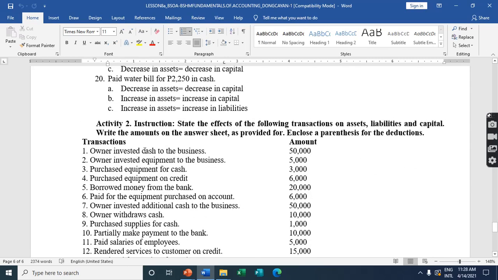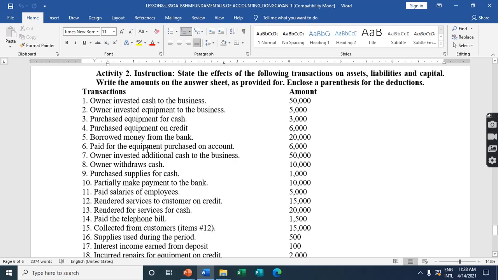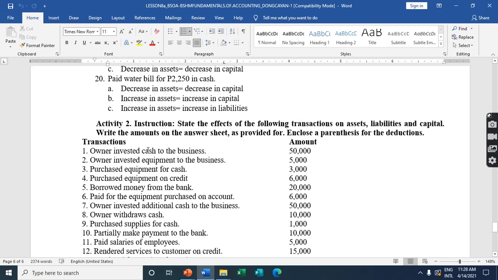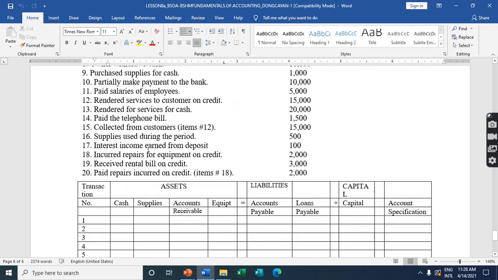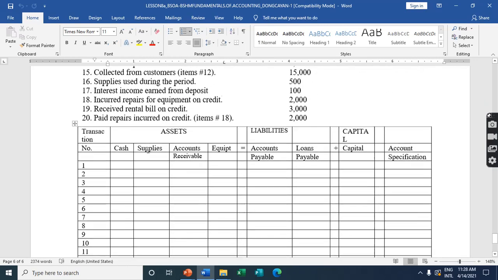Now, dito sa activity 2, state the effects of transactions on assets, liabilities, and capital. Write the amounts on the answer sheet as provided, and close sa parenthesis for deductions. Okay? So, ano ba yung effects ng transactions dito? Okay, dito ka magsusulat.